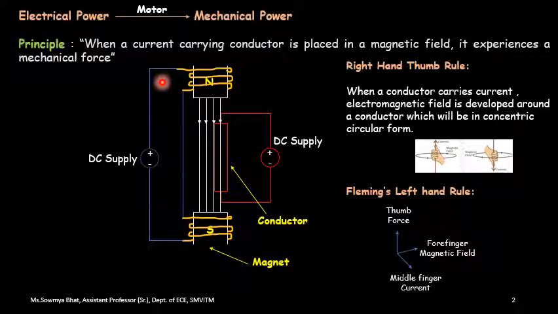So in order to generate an electromagnetic field, we make use of electromagnets, winding a copper wire on it, and hence current starts to flow through the winding, as a result of which an electromagnetic field generates flux.